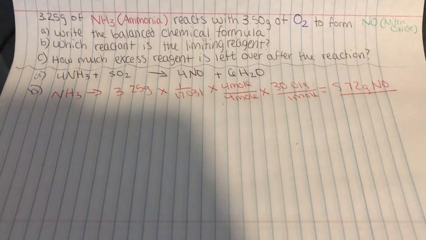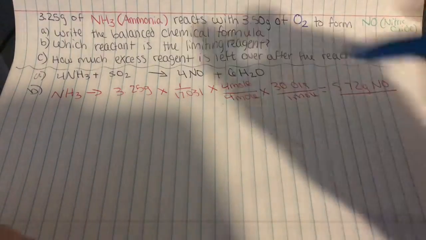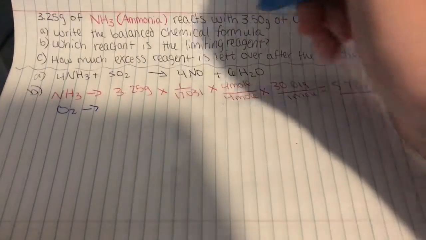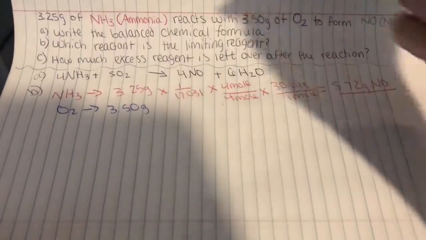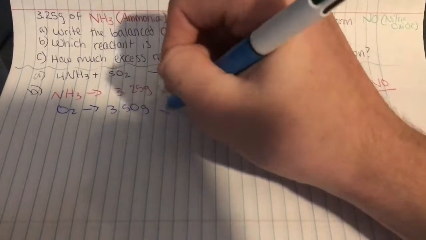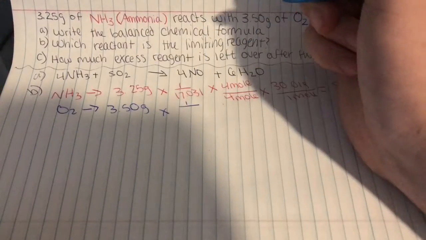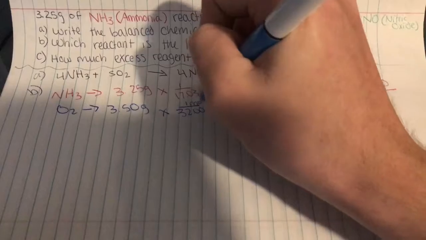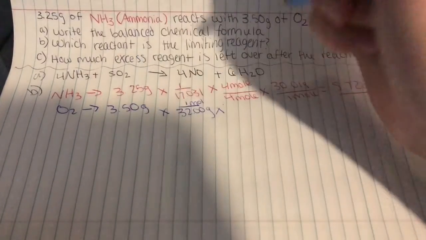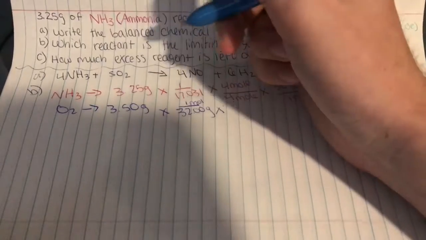Okay, so now we're going to do the same exact thing except for the oxygen. So O2. So we start with 3.5 grams of the oxygen, and then to find the amount of moles that we need, we do 1 over the molecular mass, which is 32 grams per mole. And then we're going to do the same thing with the mole-to-mole ratio of nitric oxide to oxygen.